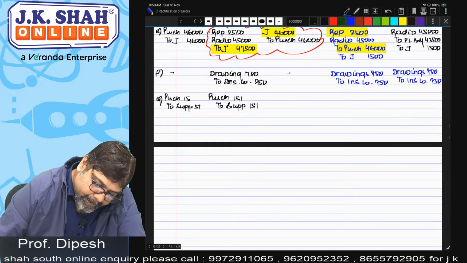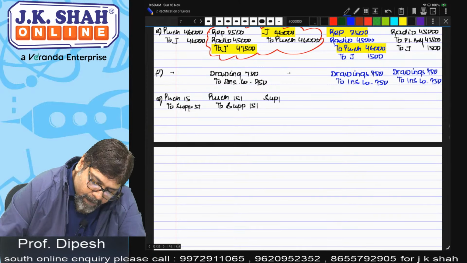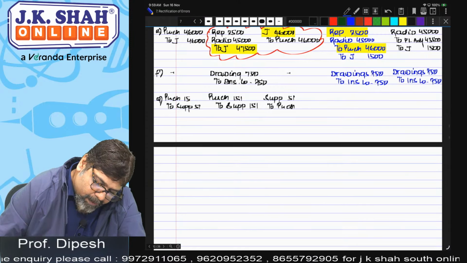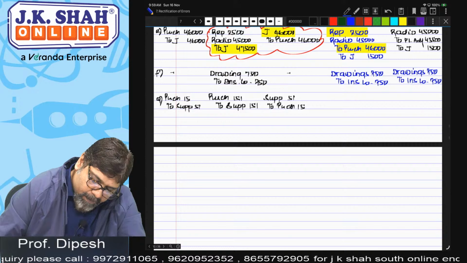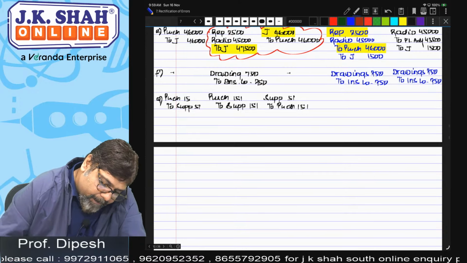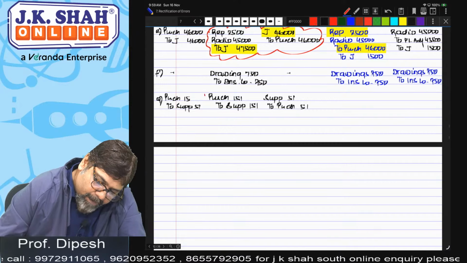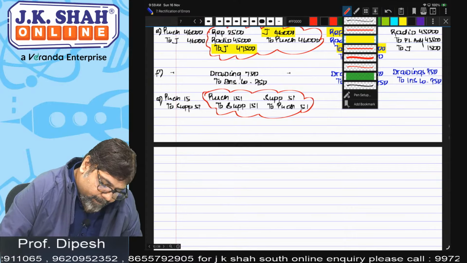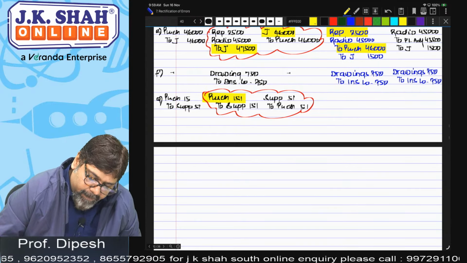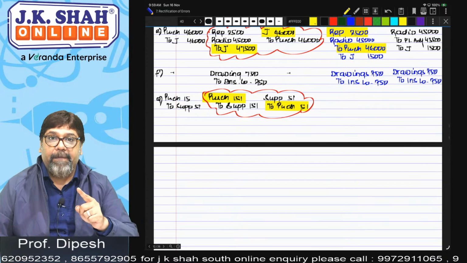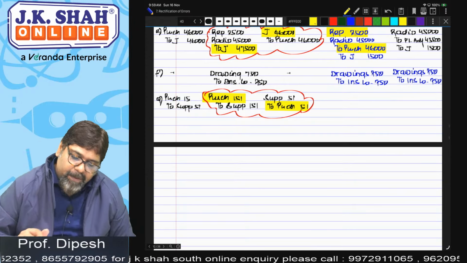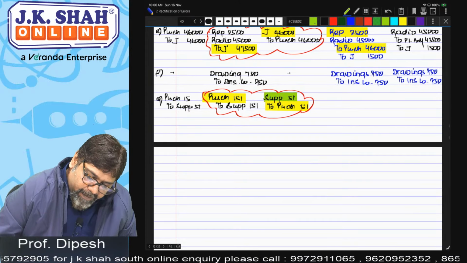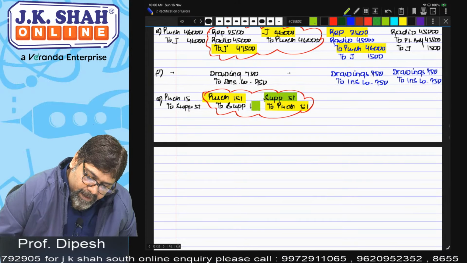Reverse of wrong entry: suppliers 51 to purchase 15. Now you combine these two entries. Purchase debit 151, credit 15. Suppliers debit 51, credit 151.